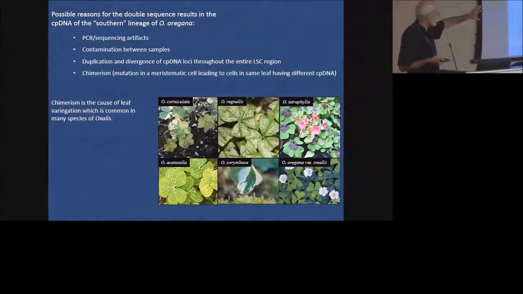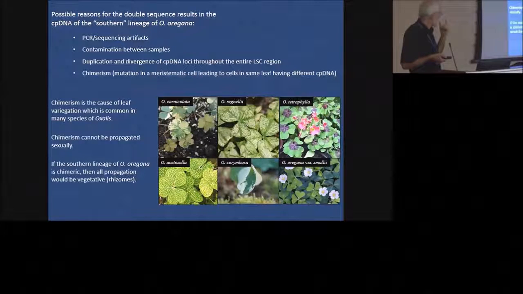But I'm thinking that there's a possibility that I'm getting mutations in a chloroplast in some cells, but it's not enough of a mutation to cause a chlorophyll problem, and so the tissue is still green, so I cannot tell which cells might have the different chloroplasts in them. Okay.